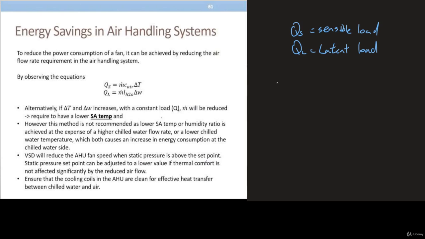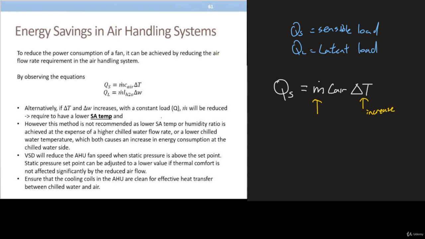So if you look at the equation, Qs is equal to m dot C air delta T. In order to generate less power in the fan, you will try to reduce this mass flow rate of the air. But to reduce the mass flow rate of the air, you have to increase this value. Your delta T must increase.